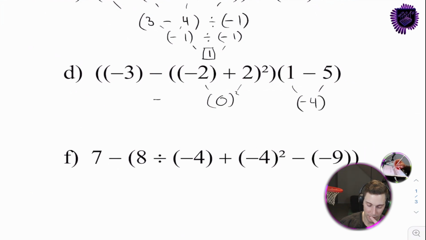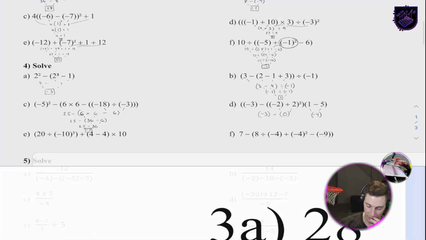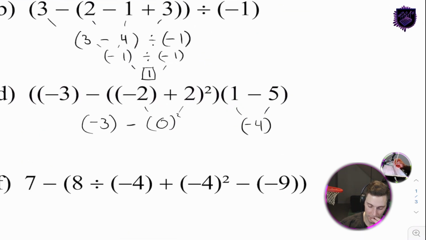And then we have negative 3 minus times... So, all right, this is interesting. Negative 3 minus 0 squared, which is 0. So this is just going to remain negative 3. Because this here is multiplication, right?